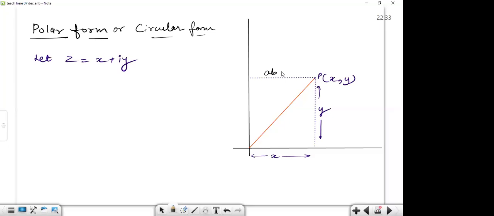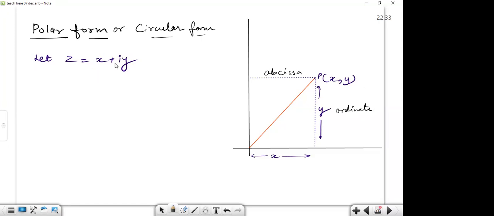So this length is the abscissa, and this length is the ordinate. Naturally, the x coordinate will act as abscissa, and the y coordinate as ordinate.